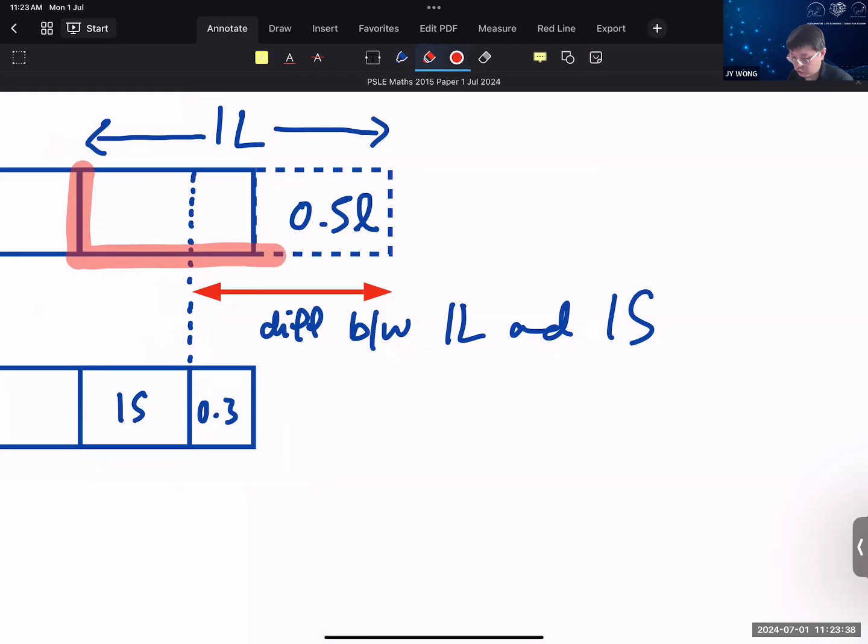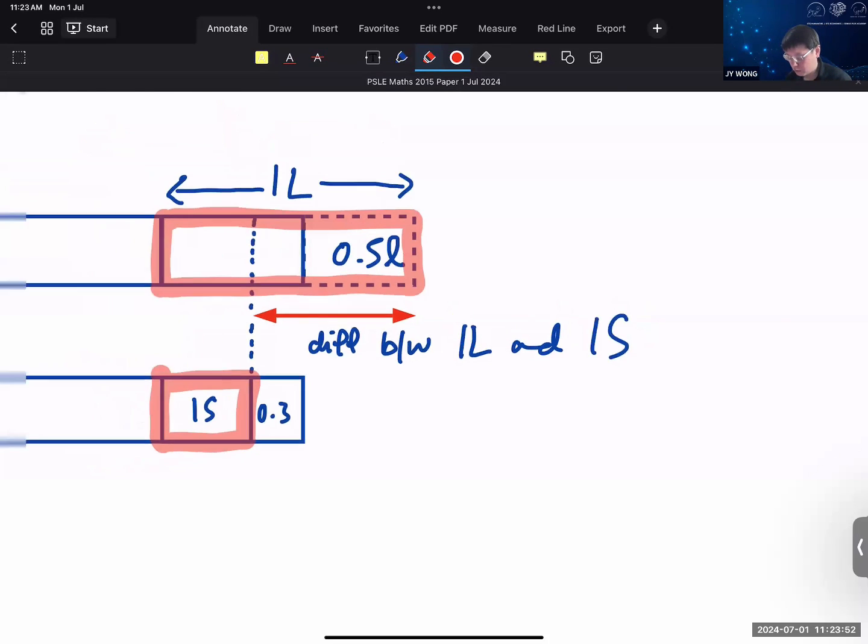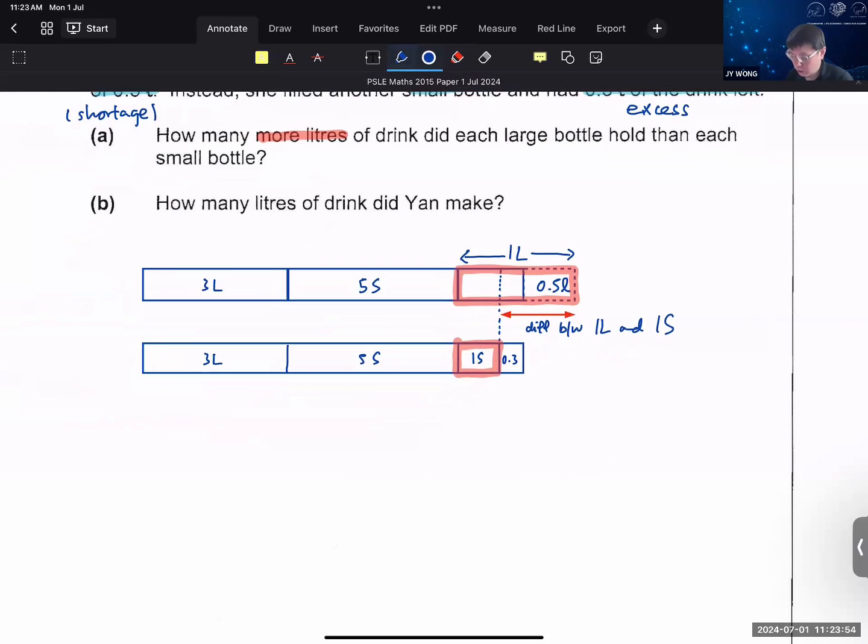This is your large. This is your small. The red color arrow indicates the difference. Okay, and that's why your answer to part A is just 0.5 plus 0.3 to give you 0.8.